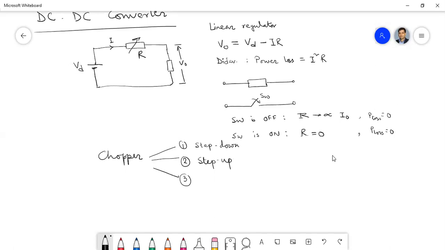And number three, which gives us both step down and step up values. Another name of these is buck chopper, boost chopper, and buck boost chopper. Clear? So one by one we'll discuss in this class.